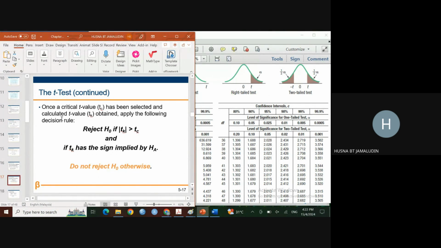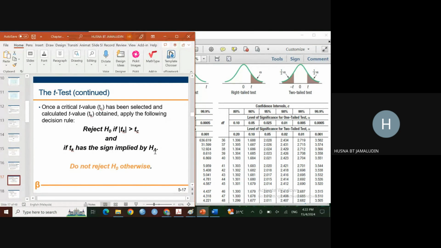Okay, so once a CV has been selected and the calculated T statistic has been obtained, you can apply the decision rule. Reject the null if your test statistic, in this case the T statistic, is bigger than CV, and if your test statistic has the sign implied by your hypothesis.